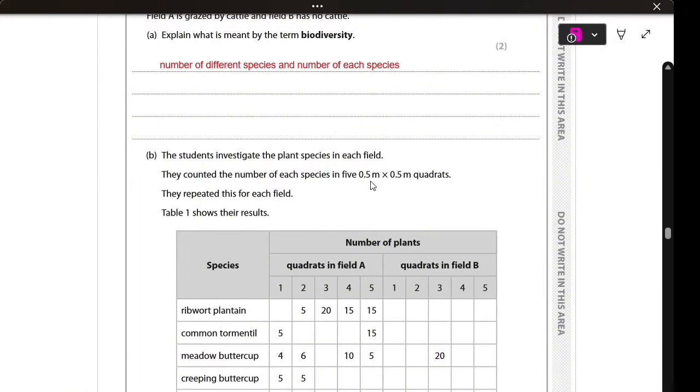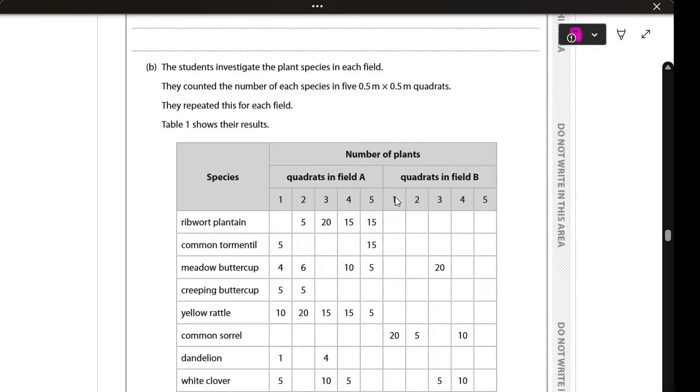They've told us that a quadrat is 0.5 by 0.5, so the area of one quadrat is 0.5 times 0.5, which is 0.25 square meters. This is repeated five times, so all 35 common sorrel have been found in 5 different areas.